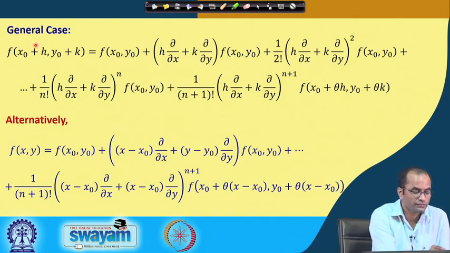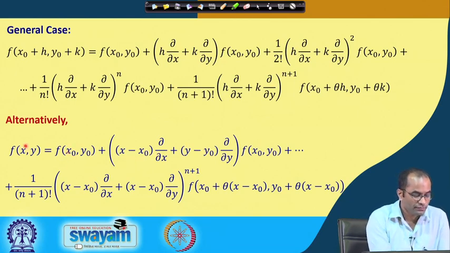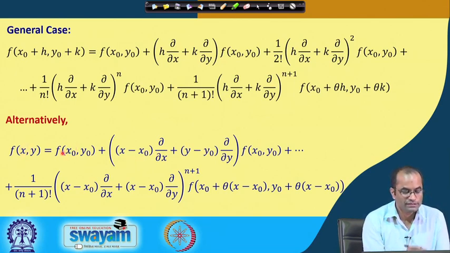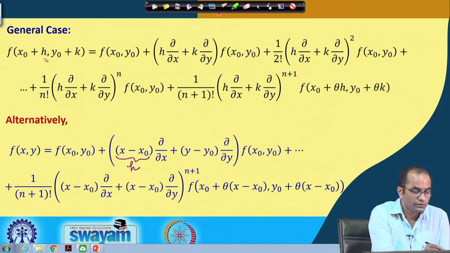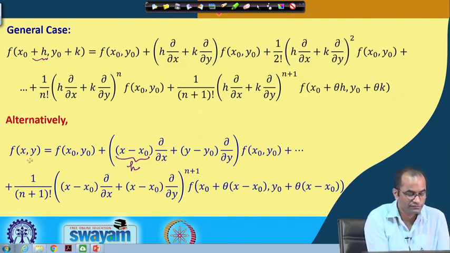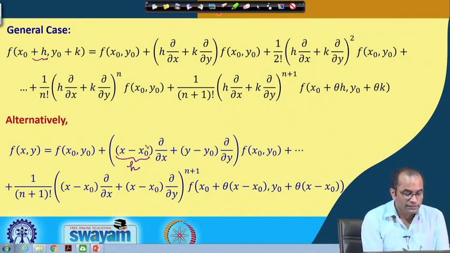So this h was nothing but the difference between x 0 plus h and x 0. So here also the h will become the difference of x and x 0, that means x minus x 0. That h was appearing there, but when we take an x y point in the neighborhood of x 0 y 0, then instead of h we write the difference x minus x 0, and here again y minus y 0, and so on.